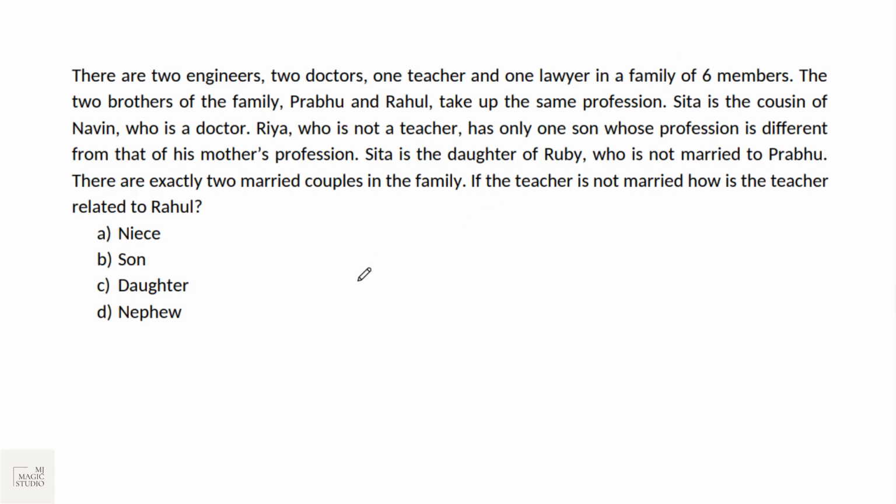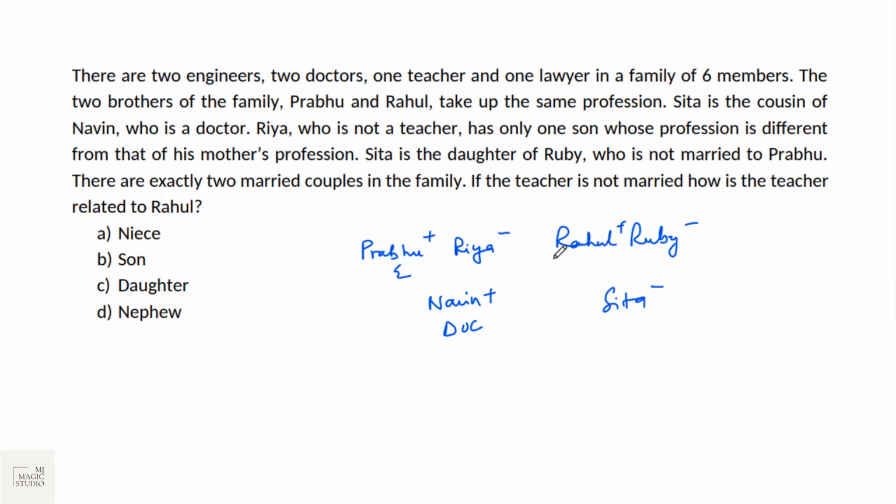Again the same data. So in what we have, Prabhu married with Riya, Naveen, son, Rahul, Ruby, Sita, doctor, engineer, and Riya is lawyer.